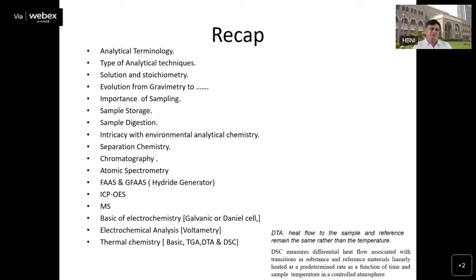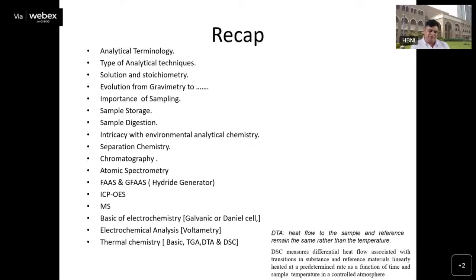We have seen the various kinds of mass analyzers, and also the various kinds of detectors. So in this case we have seen three things: the various ionization sources, the various mass analyzers, and the various detectors.